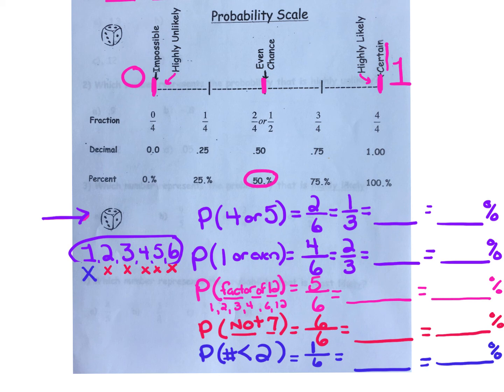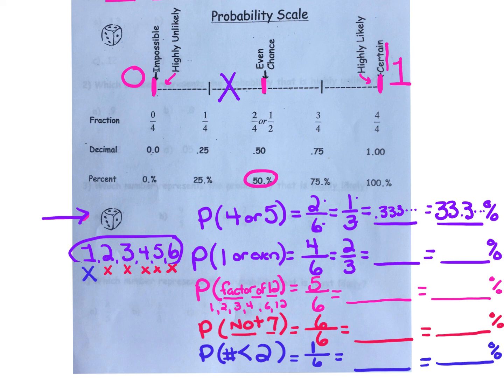Let's check your work. When we take 2 divided by 6, or 1/3, we should get 0.333 repeating. When we convert that to a percentage, it's 33.3 repeating percent. That's about here on the probability scale.